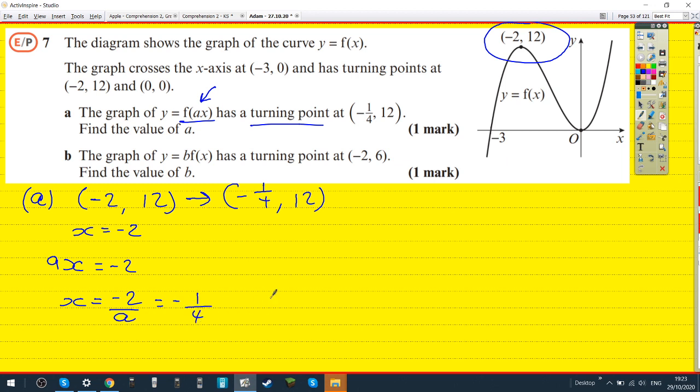So solve for a. So would a be 2? Minus 2 divided by 2 gives you minus 1. So the number on the top is just divided by 2. So it's minus 2 over a equals minus 1 over 4.